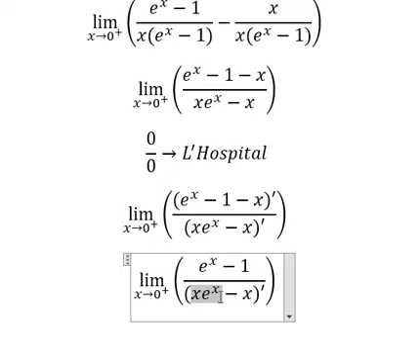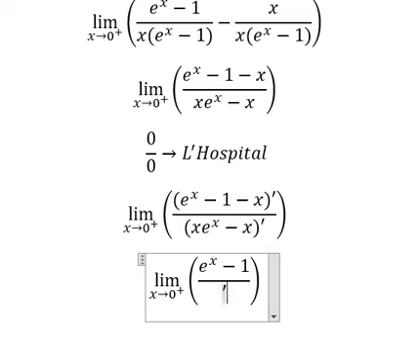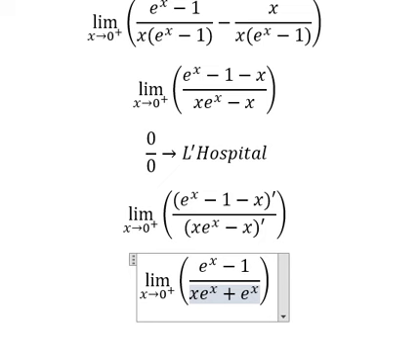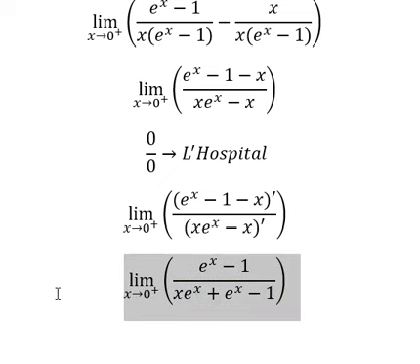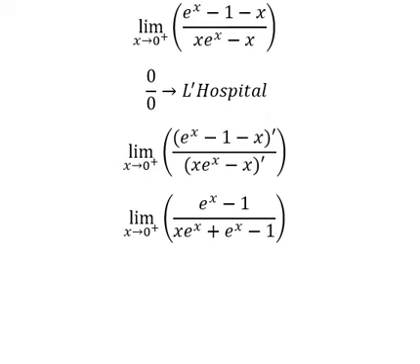Now this one we need to apply the product rule of the derivative. So we have like this. This one we have number 1. So if we put number 0 on here and here, they still got 0 over 0.